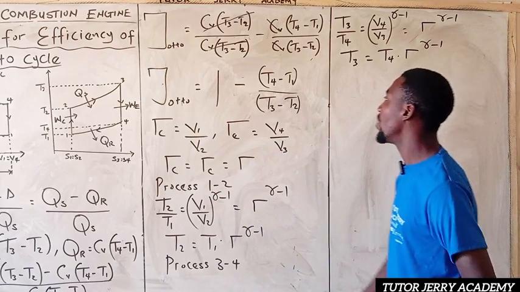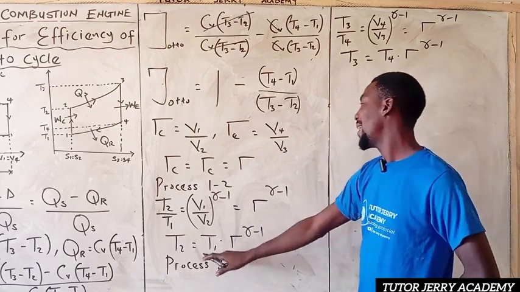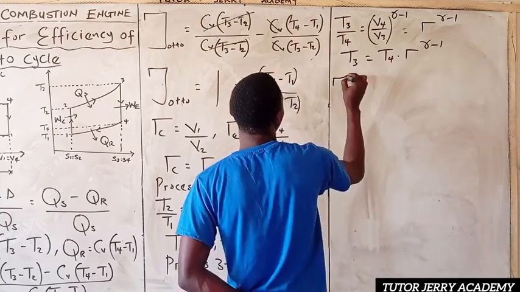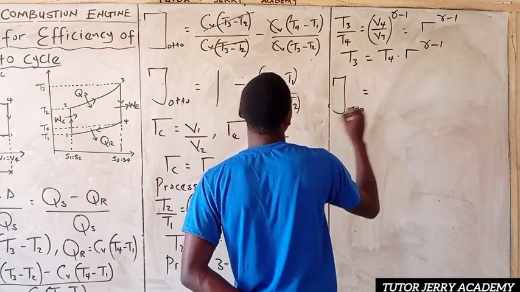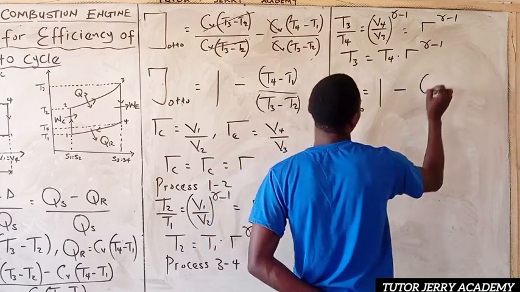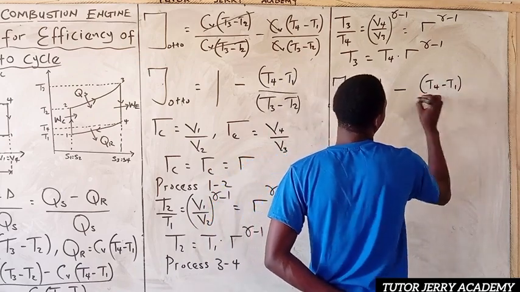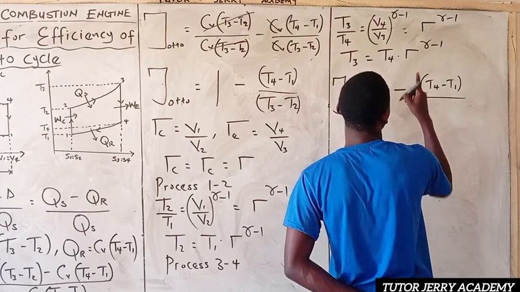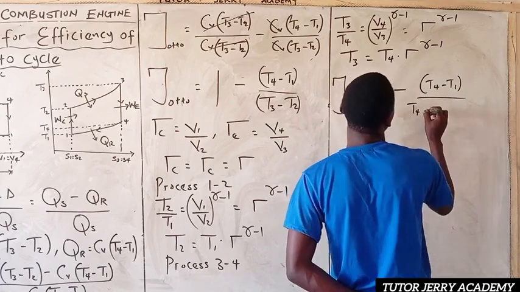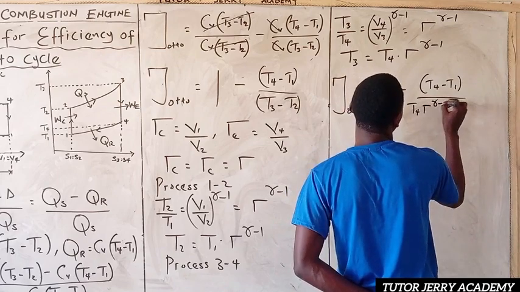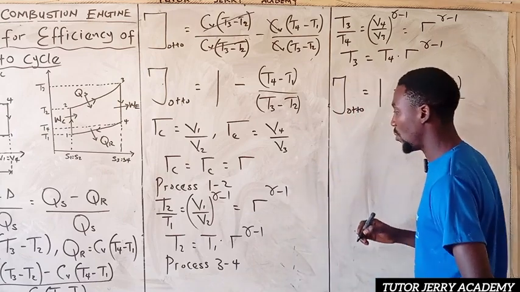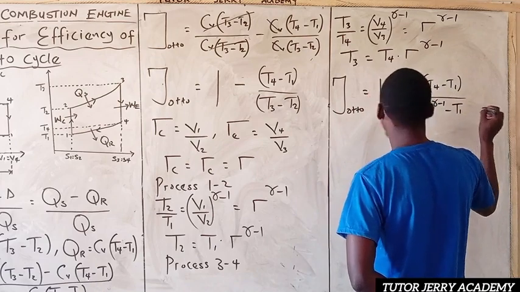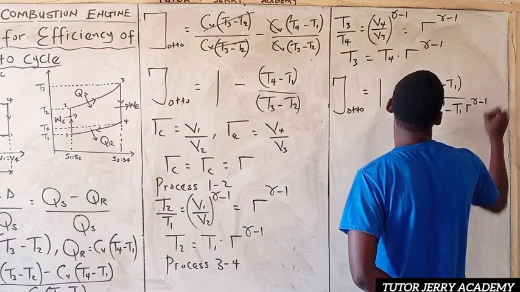All right. So now we are going to substitute T2 and T3 inside this value that we have here. So we are going to have our efficiency of Otto cycle to be equals to 1 minus T4 minus T1 all over T3. What is T3? T3 is T4 into R to the power of gamma minus 1, minus T2. What is T2? T2 is T1 into compression ratio to the power of gamma minus 1.